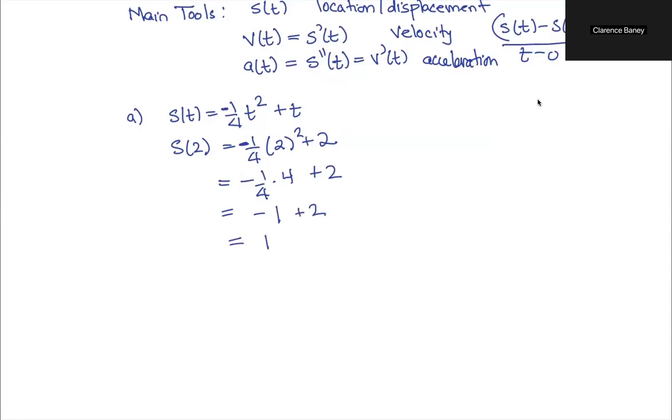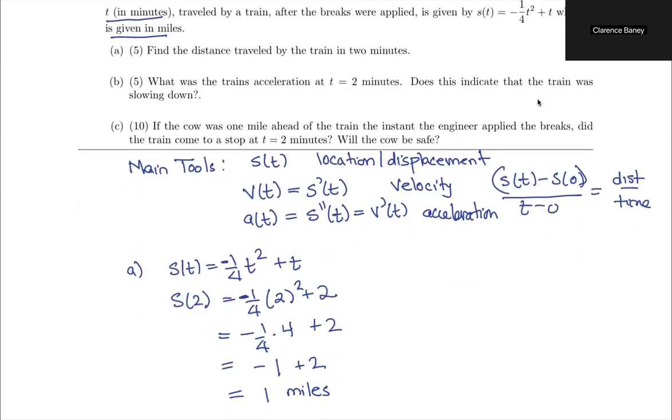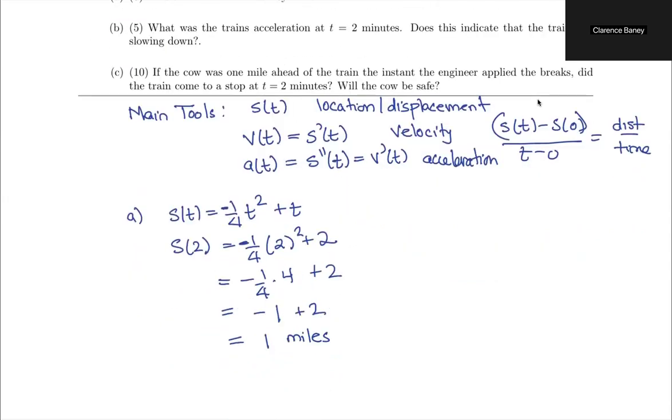This is going to be in miles, because in the problem they told us that t is given in minutes, and s is given in miles. So in 2 minutes, the train is going to cover 1 mile, which is a very fast train.